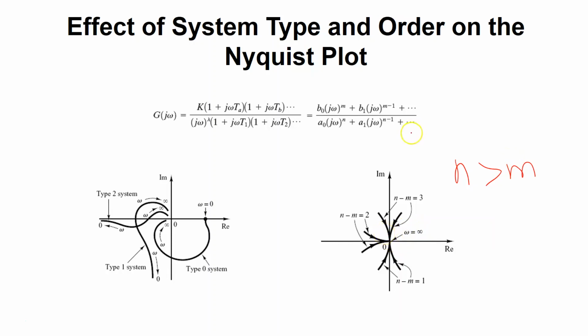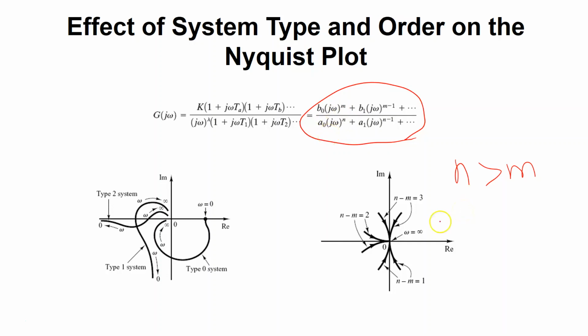If you look at the definition of the transfer function on the right side, when n is bigger than m, as omega goes to infinity, the power of omega is bigger in the denominator than the numerator. So if you look at the magnitude, the magnitude always goes to 0.